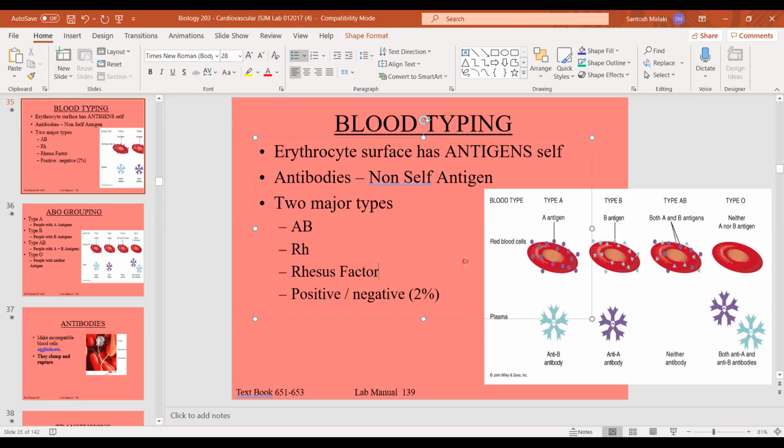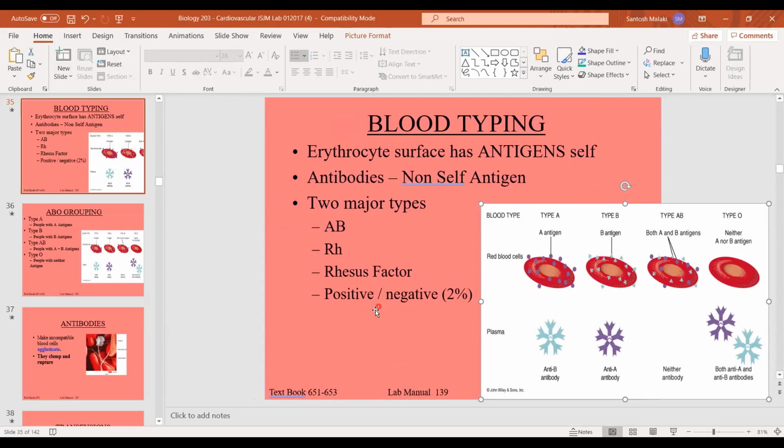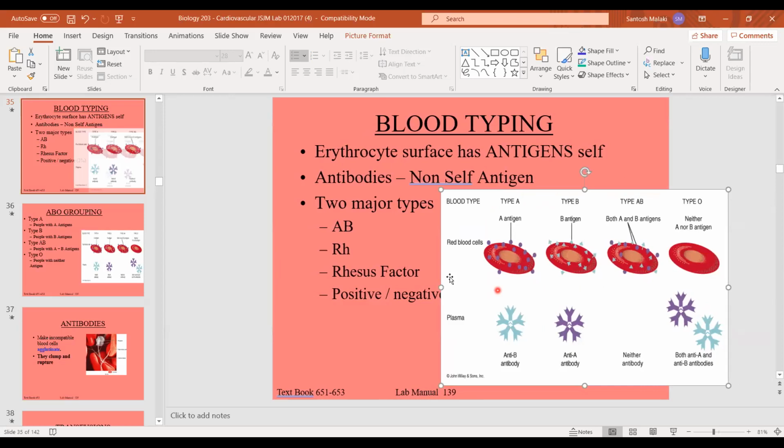So what are the criteria for blood grouping? Number one, ask the question, what's the self-antigen? Number two, ask what is the antibody in the plasma? And number three, ask the third question, do you have the rhesus factor or do you not have the rhesus factor? And thus, the blood grouping falls into two categories, type A positive, B positive, AB positive, O positive.